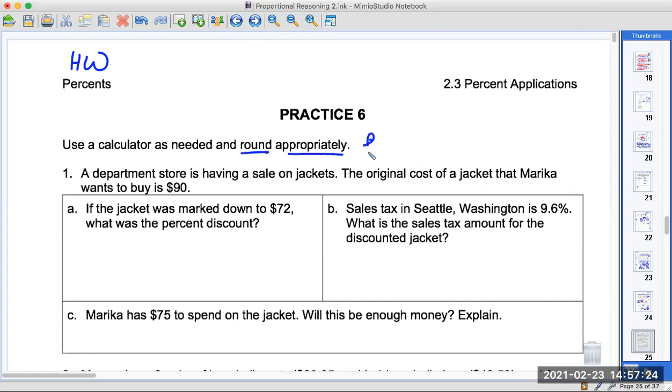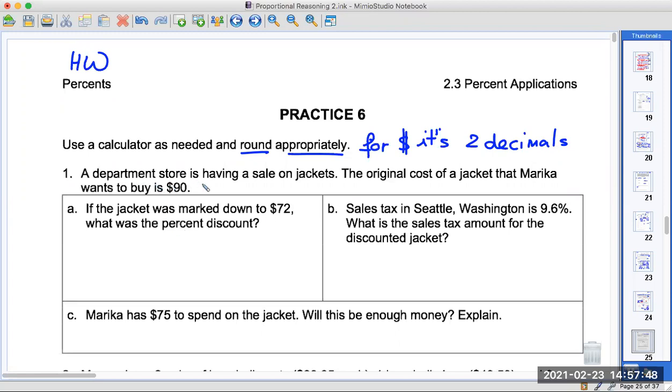For dollars, it's 2 decimals. So you look at the third decimal, and that's the number you decide to round up or down. And I gave you an IXL on this, by the way, to make you learn how to round if you don't know, because it's important.